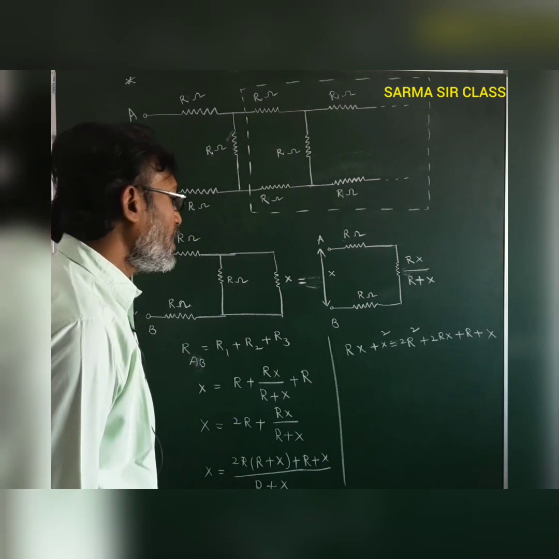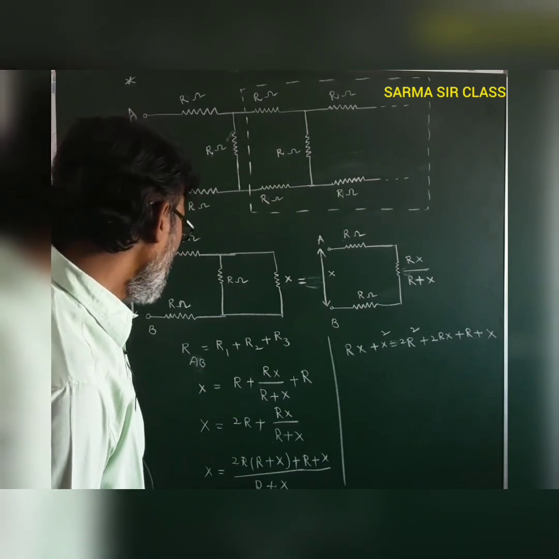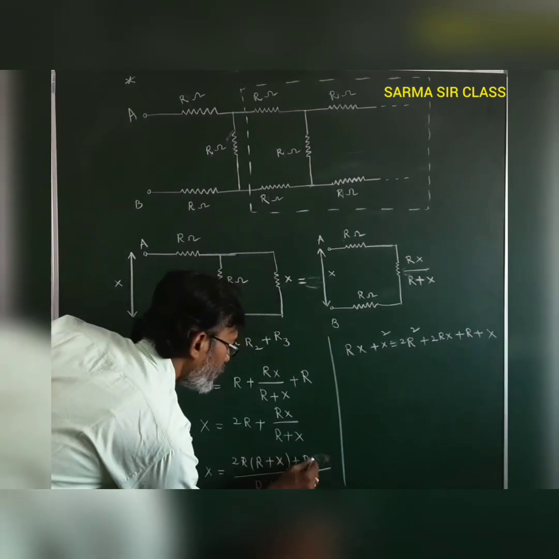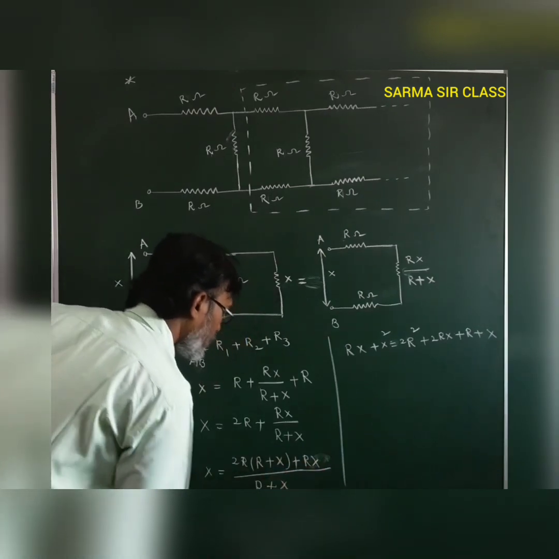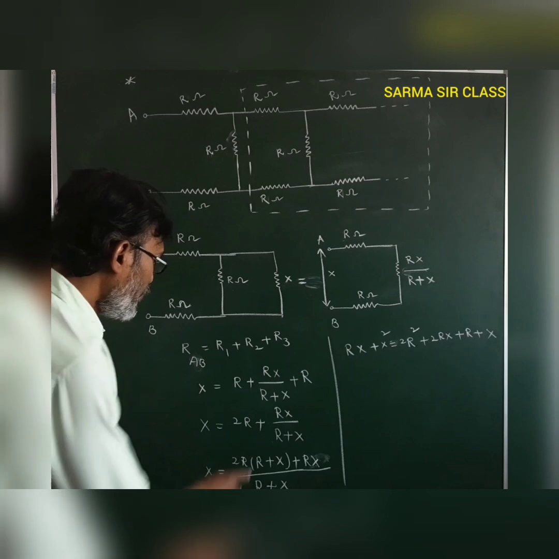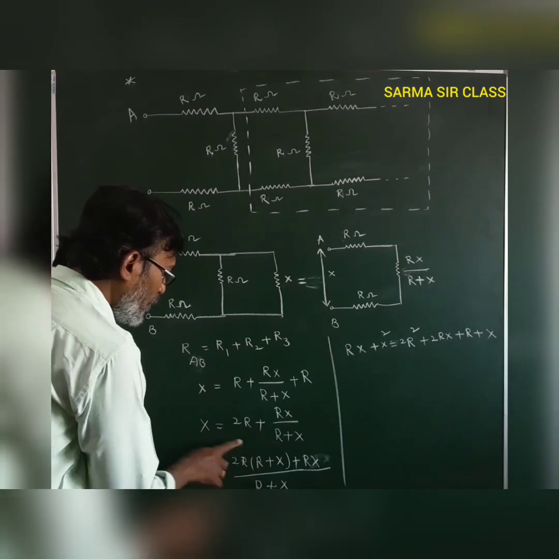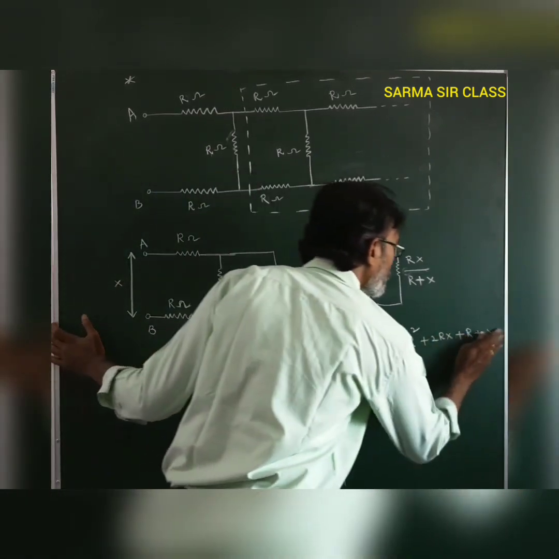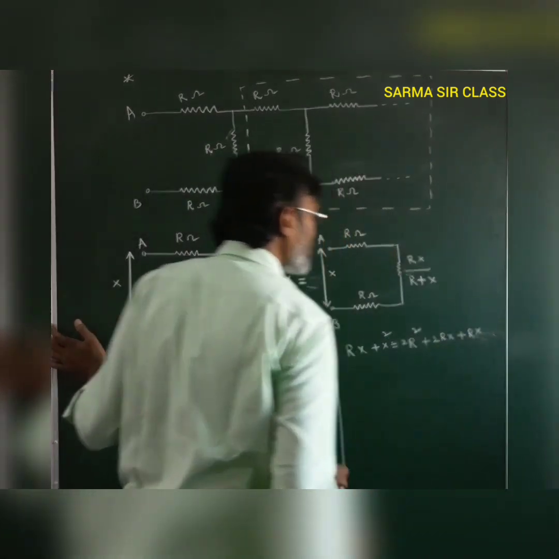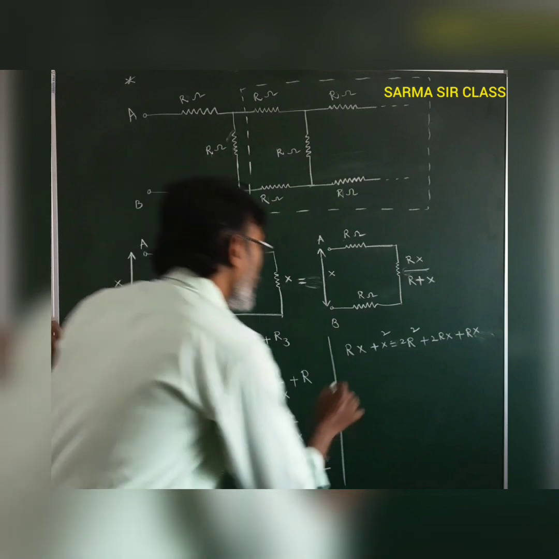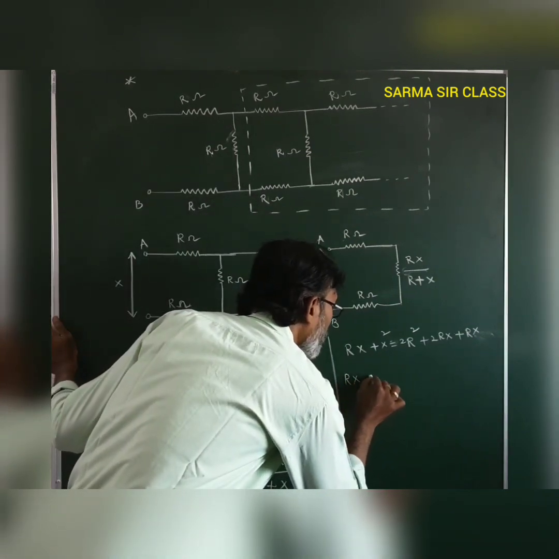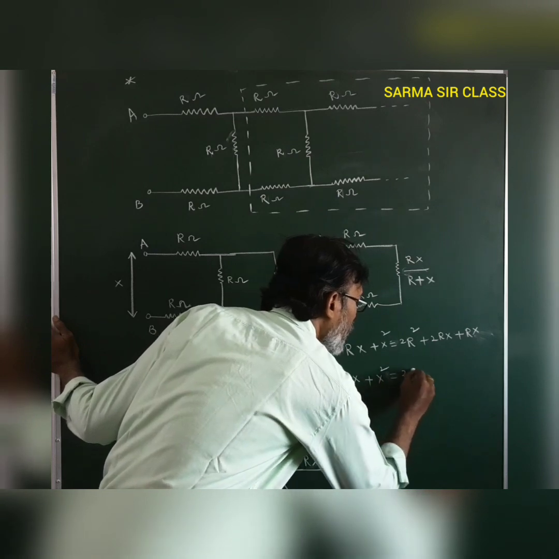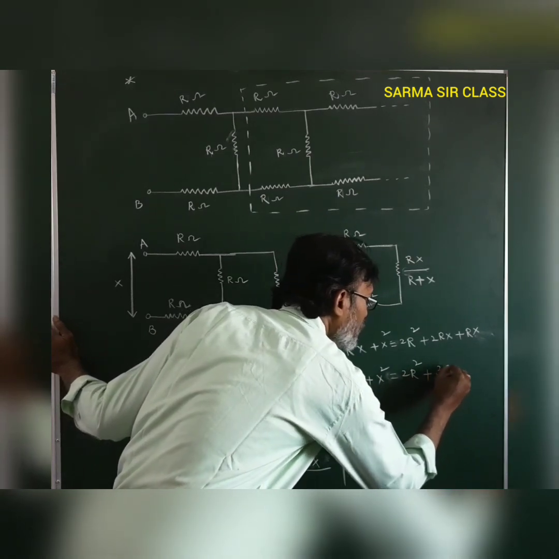Okay, so now here we are taking further, X is equal to, if you take the LCM, R plus X, 2R into R plus X plus Rx, and here also you are taking plus Rx, and now Rx plus X square is equal to 2R square plus 2Rx plus Rx.